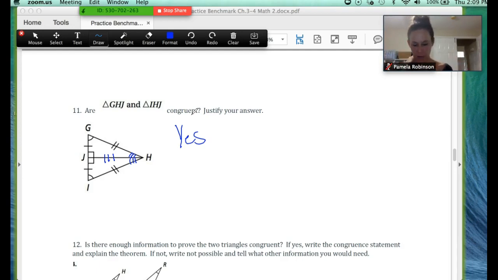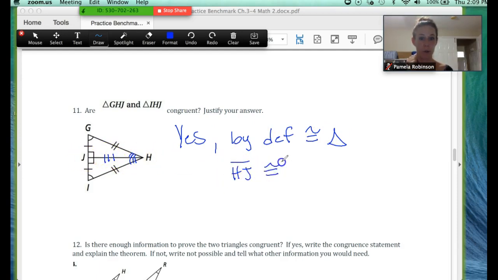Basically, by the definition of congruent triangles, because you have HJ is congruent to itself because of the reflexive property, and then you have the third angle theorem to give me this. So basically you have it all. Okay, let's go on to number 12.